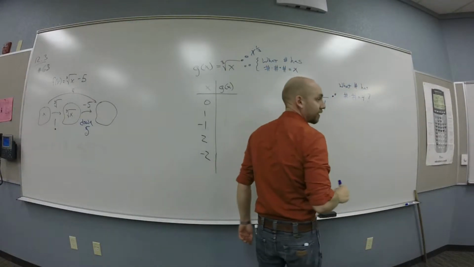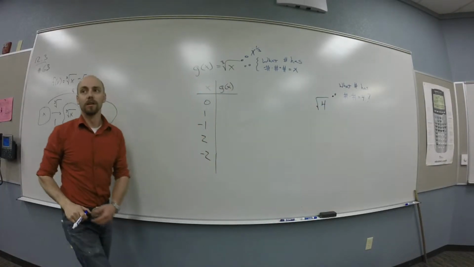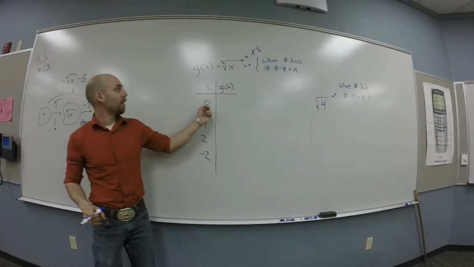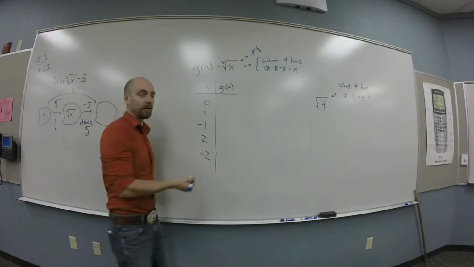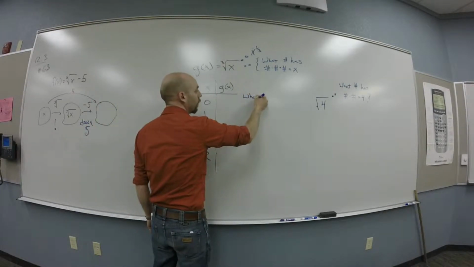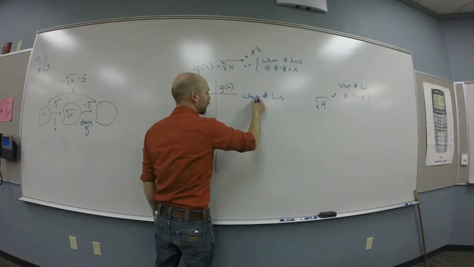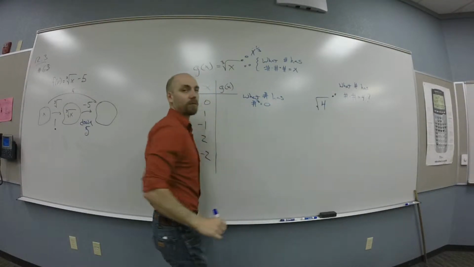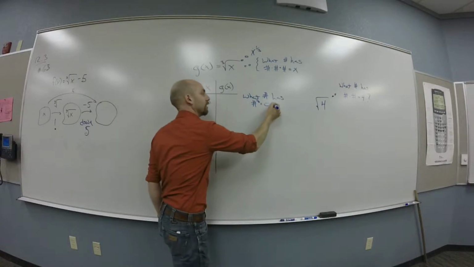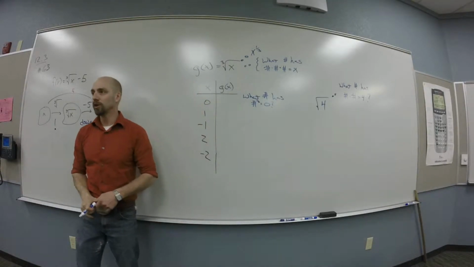You see that? So here, when I put 0 in, I really should be thinking, what number cubed equals 0? You see that question? That's really what these roots are asking.